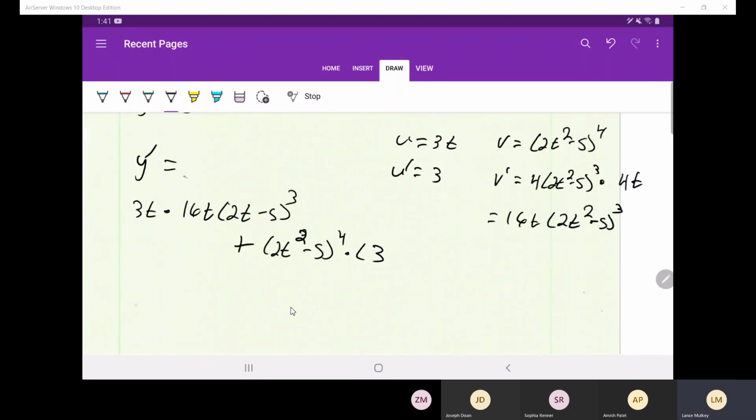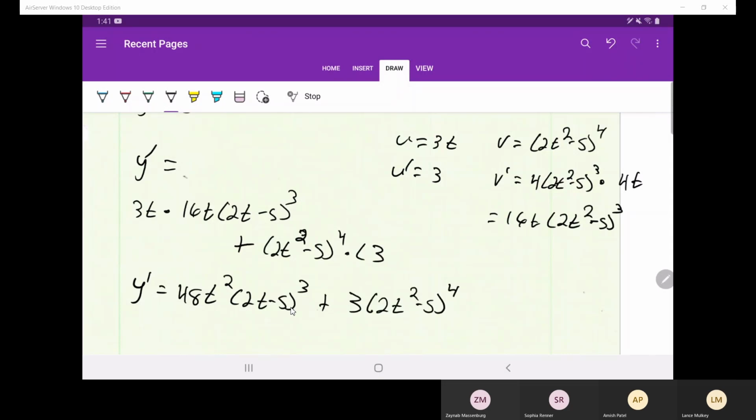So we can simplify this just a little bit. So 3 times 16 is 48 t squared. That's about as far as you can simplify it.